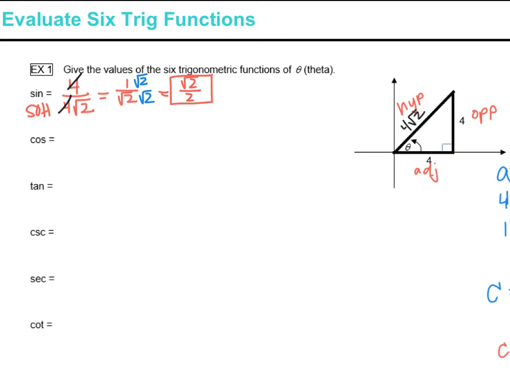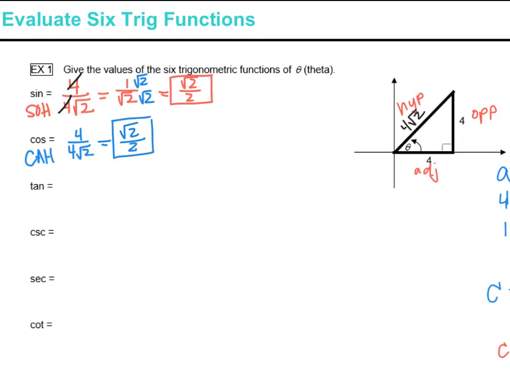All right, let's find cosine. Cosine of theta is CAH. So SOHCAHTOA, adjacent over hypotenuse. So the adjacent side we have labeled as 4. Hypotenuse is 4 root 2. Well, now I look at this and say, well, that's exactly what we started out with for sine. So it's probably going to simplify the exact same way. So I'm just going to go ahead and say I know that that equals square root of 2 over 2.